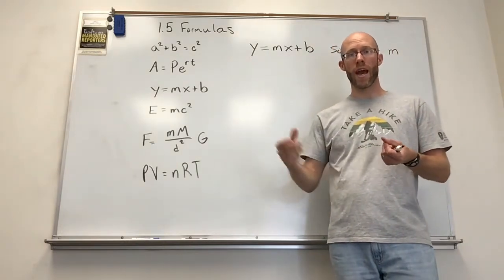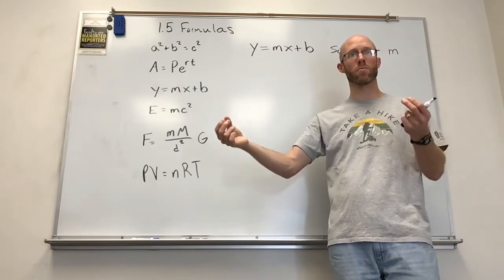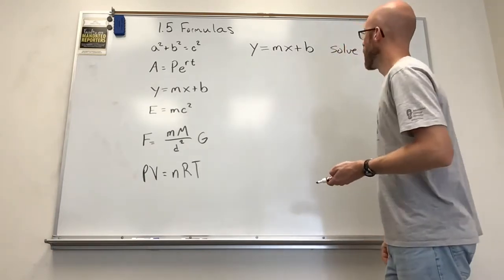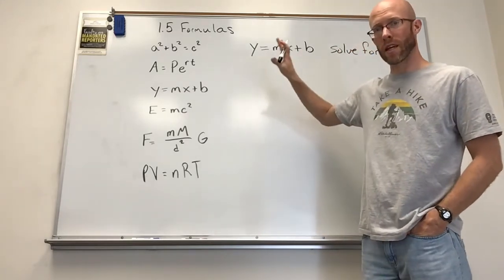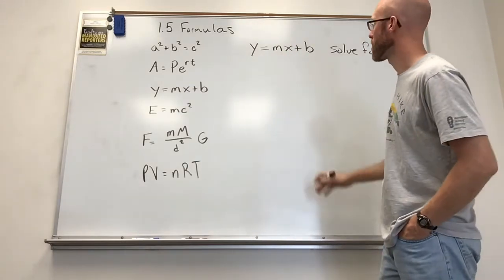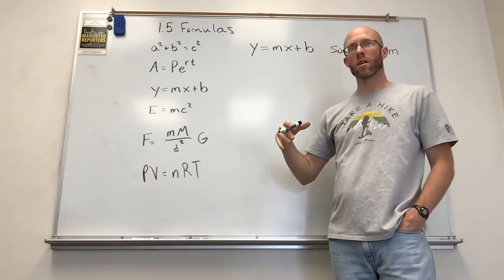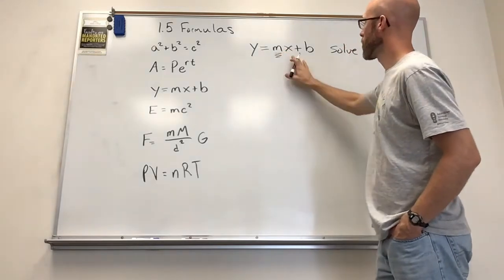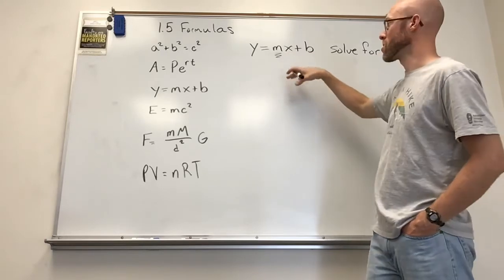So if I wanted to add the same amount to both sides of an equation, I could add a variable as long as it's the same variable, because it's the same number. So you have to treat variables like numbers. That's a key part of this idea. So let's say I want to solve for m. In solving for this m here, we want to get all the other stuff away from it, or zero things out.